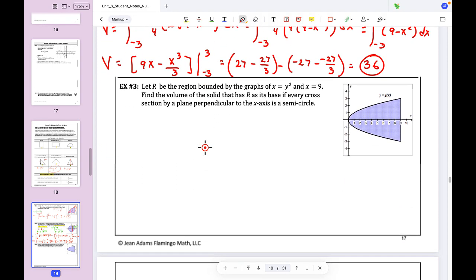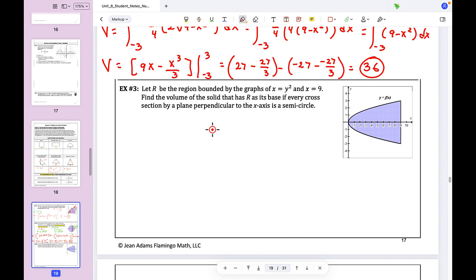Okay, let's look at number 3. We have R is a region bounded, so here's R. R is a region bounded by the graphs x equals y squared and 9. Find the volume of the solid that has R as its base if every cross section by a plane perpendicular to the x-axis is a semicircle.